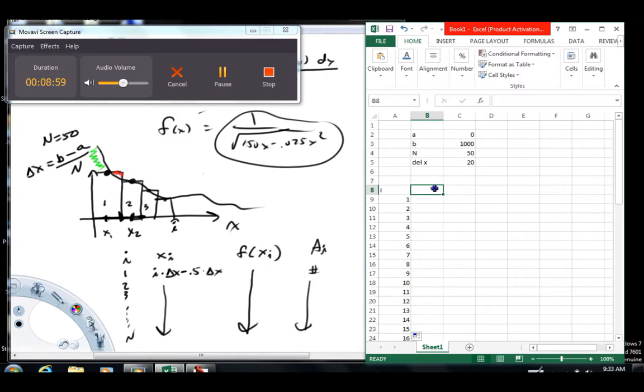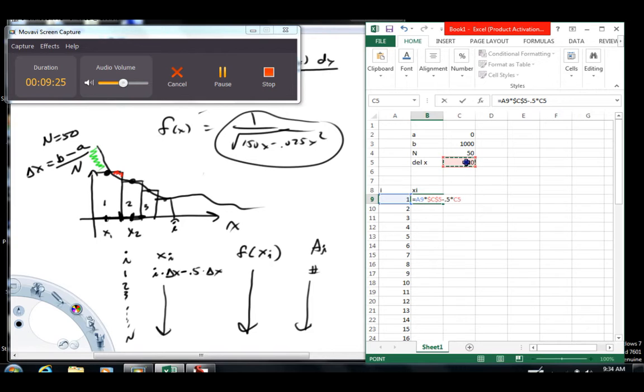Then I'm going to have my x sub i's, and I'd usually just call that x sub i. I usually know what that means when I type it. Equals i times delta x. Now that's got to be double dollared. Hit F4. If you've ever heard me talk about my numerical stuff, F4 locks that thing down. So i times delta x minus 0.5 times delta x.